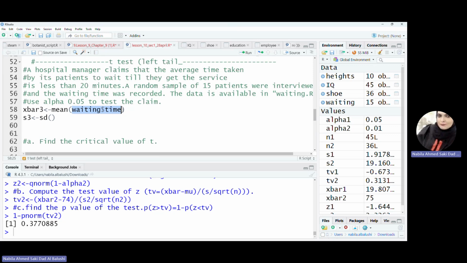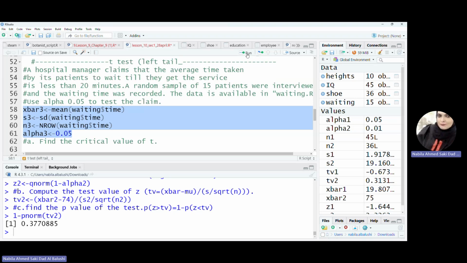Okay, so we can just take this because we are repeating. We can get the n value by taking the command nrow. And then we have to also enter how much is alpha. Alpha in this question is 0.05. Okay, run all these codes so it's saved in the environment.